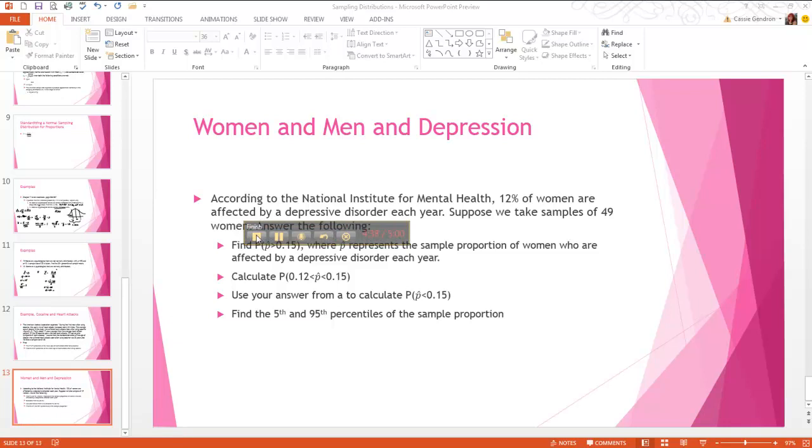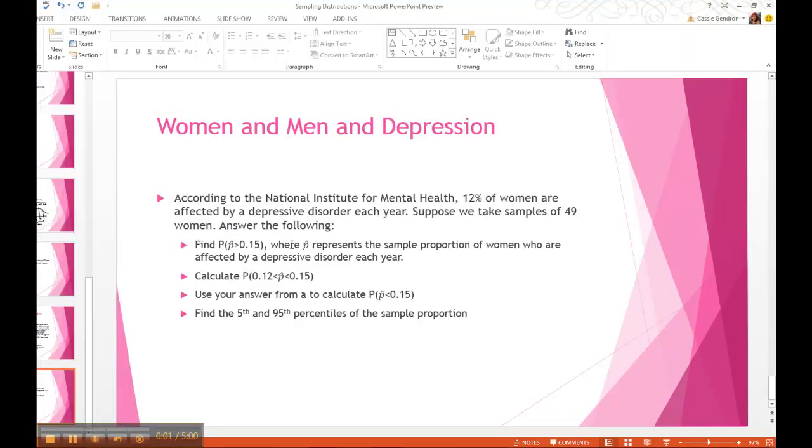Alright, so the problem at hand is, according to the National Institute for Mental Health, 12% of women are affected by a depressive disorder each year. Suppose we take 49 samples of 49 women. Answer the following. Find the probability that p hat is greater than 0.15, where p hat represents the sample proportion of women who are affected by a depressive disorder each year.